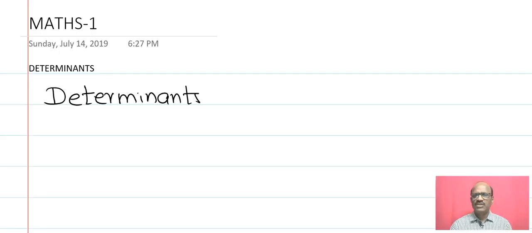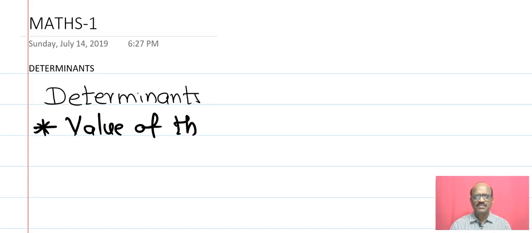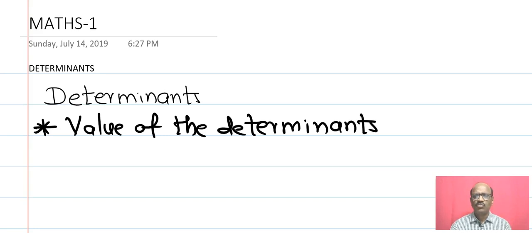Now let us start the determinant practice set 4.1. Now we'll start the determinant. Value of determinant. In the 10th standard, you have learned to find out the value of the determinant of the 2 by 2 matrix, 2 by 2 determinant.